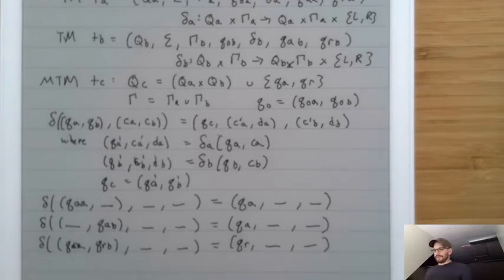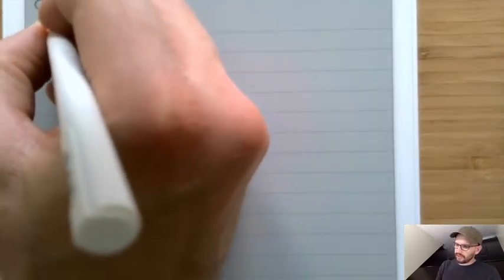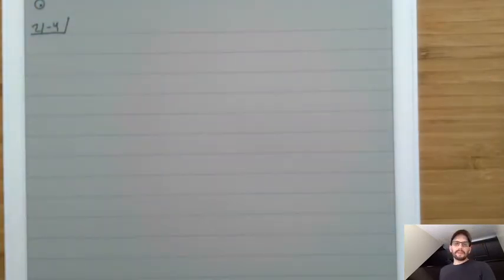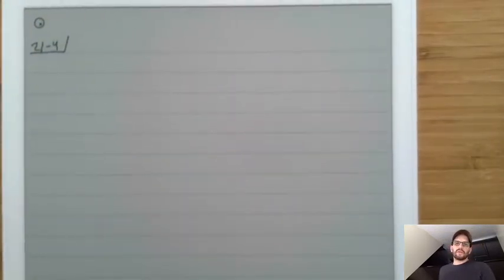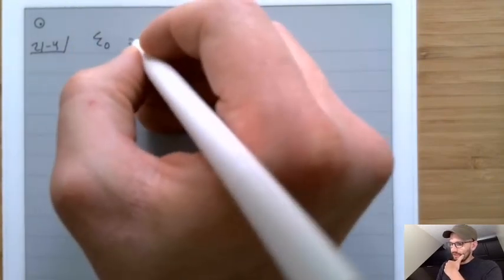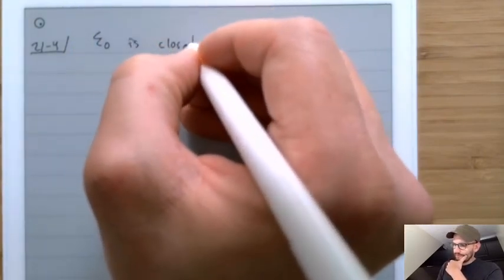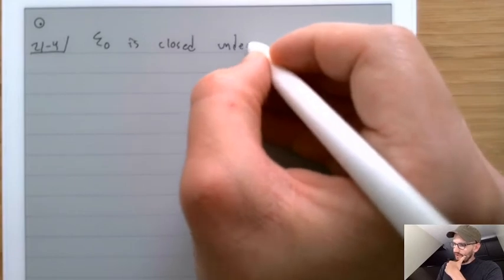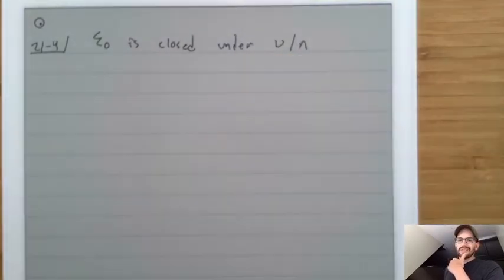Now, however, this is only useful for showing that Turing machines are closed under union if we can show that, actually, hold on, I'll hold off just one second. What I've just shown shows that sigma 0 is closed under union and intersection, or at least it will attempt to do that.